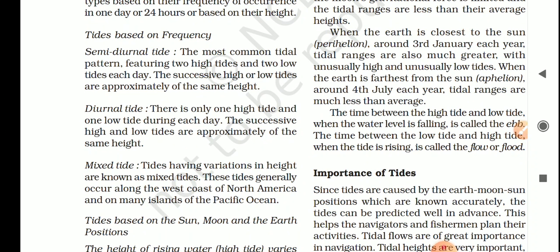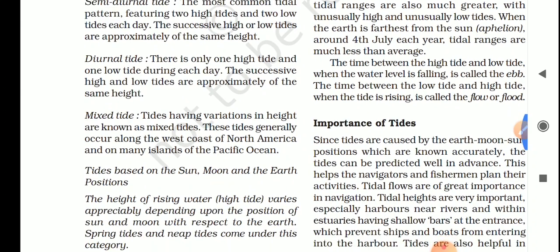Mixed tides show variation in height, for example west of North America and the Pacific Islands. Based on the sun, moon, and earth: if all those are in a straight line, we say it is a spring tide.